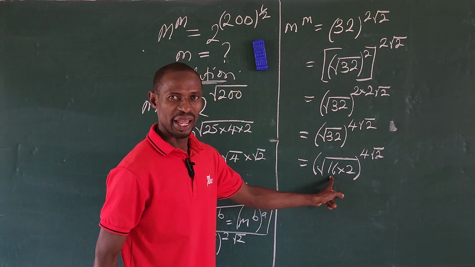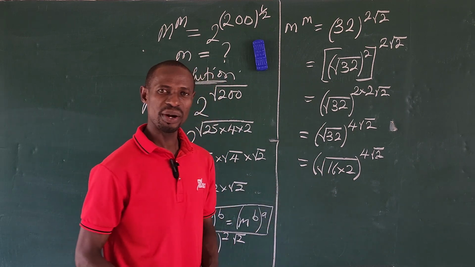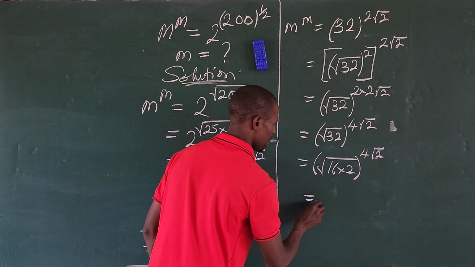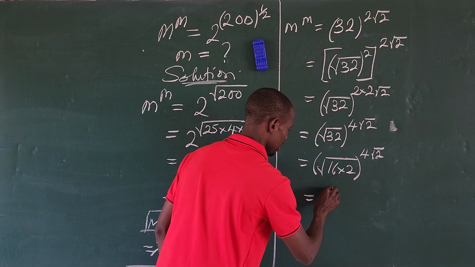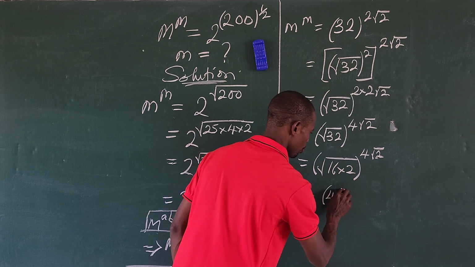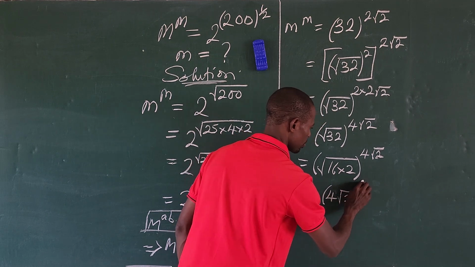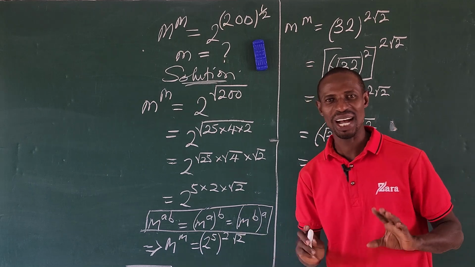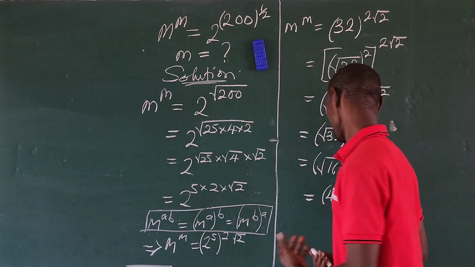16 is a perfect square, right? So what is the square root of 16? That is 4. So we can rewrite this as 4, in brackets, times root 2, then all raised to 4 root 2. We've achieved what we want to achieve now. So what does that imply?